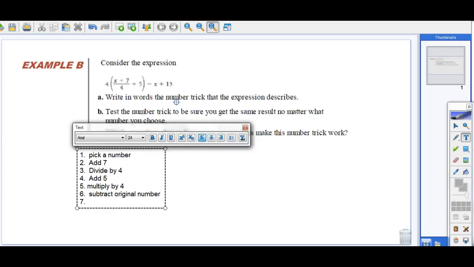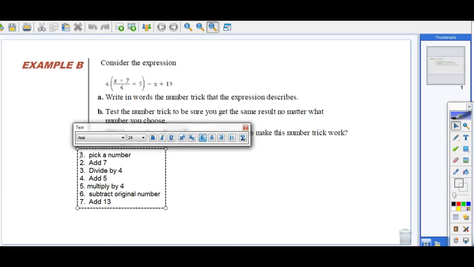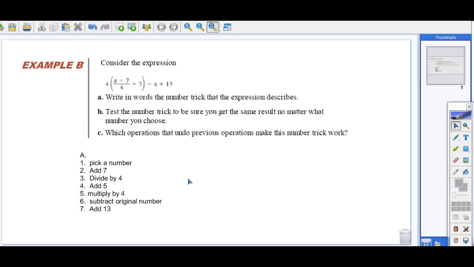Because we want to subtract the original number that we had, that means the x. And then lastly I want to add 13. Alright, so that would be for part A. So there we go. That is the order in which we should do all of this.